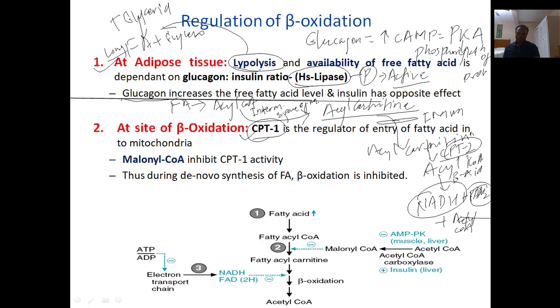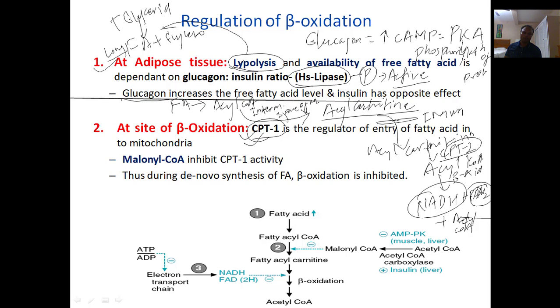This is the first regulatory step that happens inside adipocytes, and the second regulatory step occurs in muscle and liver mitochondria. What happens during fasting condition?